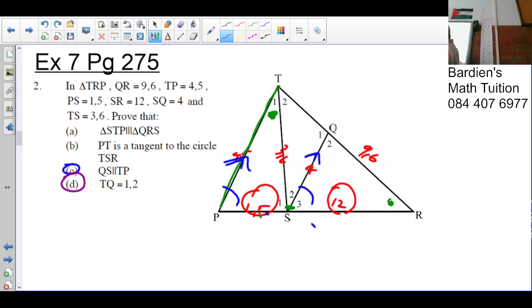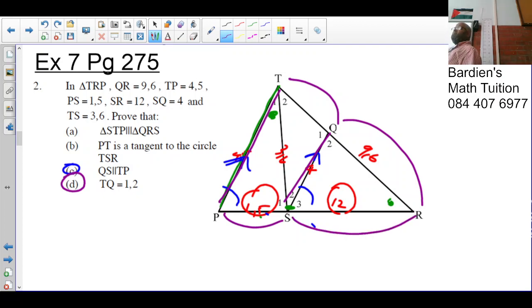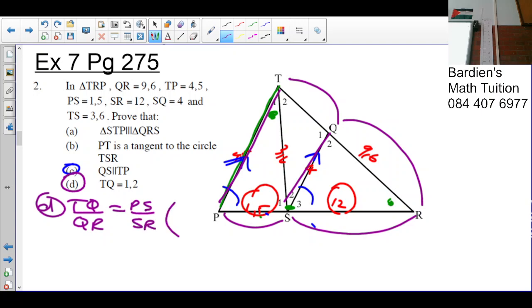So if those lines are parallel, then we know that TQ over QR is equal to PS over SR. Whenever you got parallel lines, look for those things. Your proportionality theorem can be applied here. So you say TQ over QR is equal to PS over SR. And we're getting this from the proportionality theorem with QS being parallel to PT.